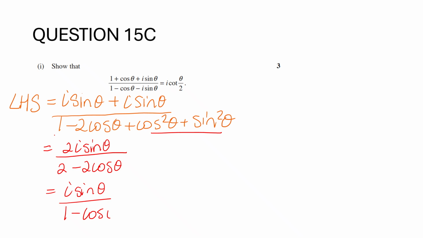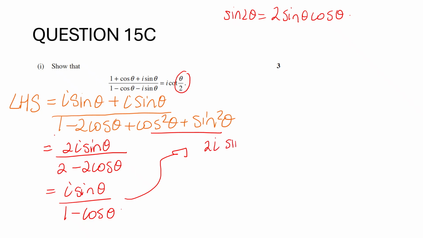All right, we need to get these theta on 2's in, and the way to do that, of course, is double angle formulas. So sine 2 theta is equal to 2 sine theta cos theta. So this is equal to 2i sine theta on 2 cos theta on 2. And to get cot, I want sine on the bottom, so cos 2 theta, you know that there are a couple of different forms.